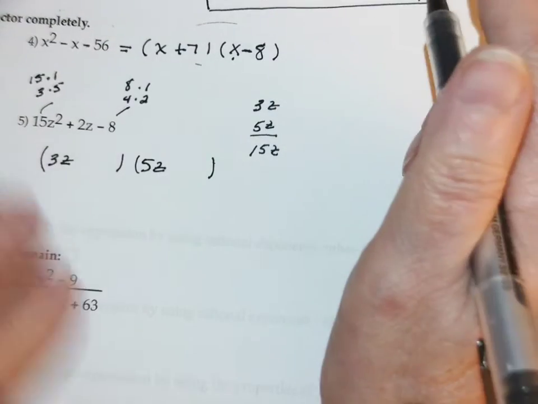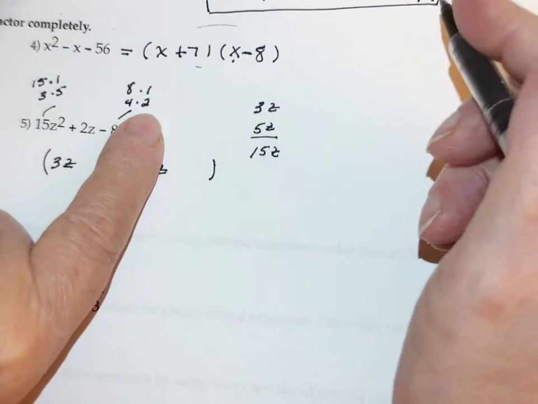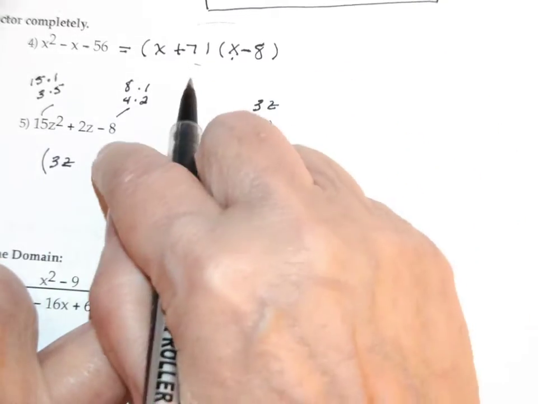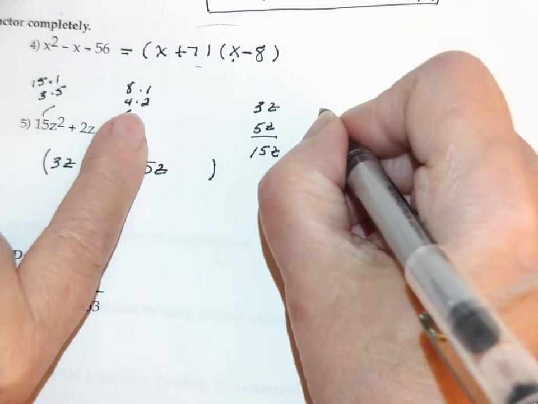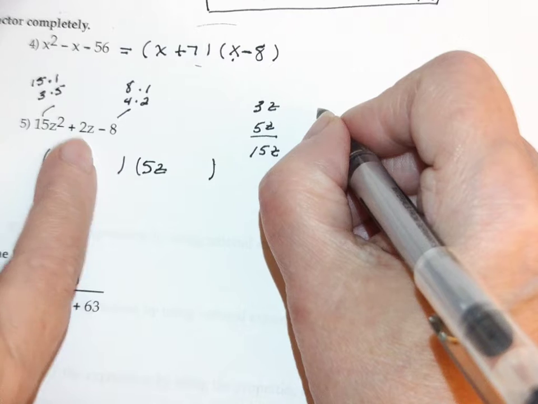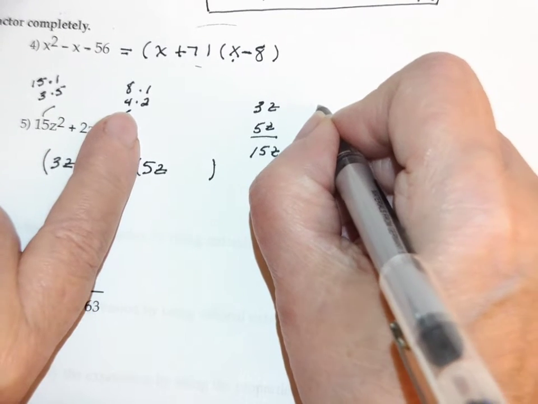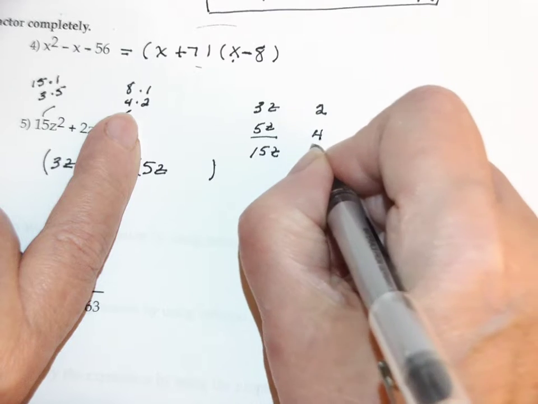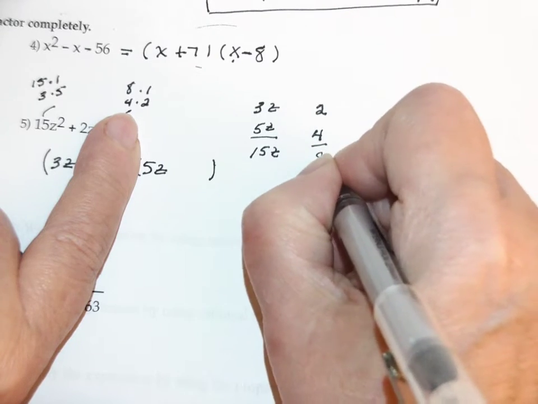Now I need to place either a 4 and a 2 or an 8 and a 1, because they give me the 8 at the end. Well, if I'm looking for a 2 in the middle, and I use the 4 and a 2, I put a 2 here, I put a 4 there, that multiplies to give me 8.